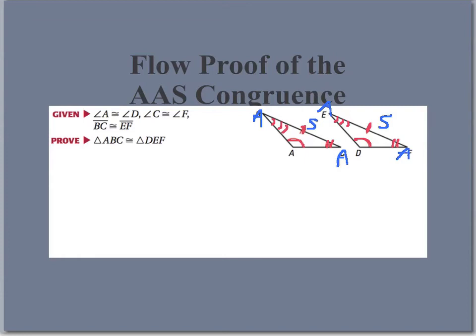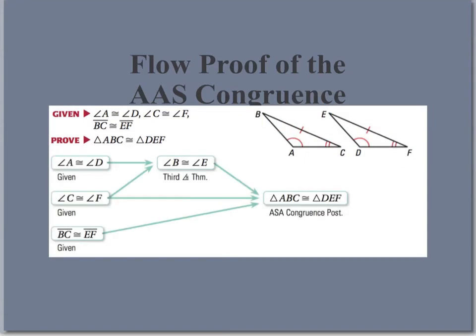Okay, we know that one is accepted without proof. So they gave us 2 angles, and we know, thanks to the third angles theorem, that the other angle must be congruent. If 2 angles of a triangle are congruent, then we know the third angle is congruent to the third angle of the other triangle.